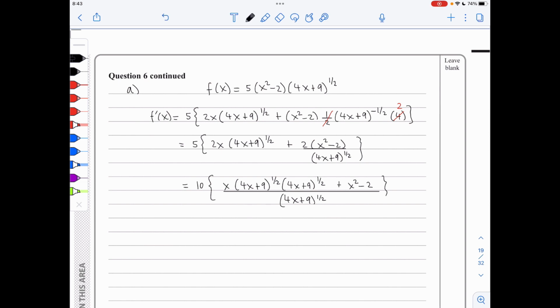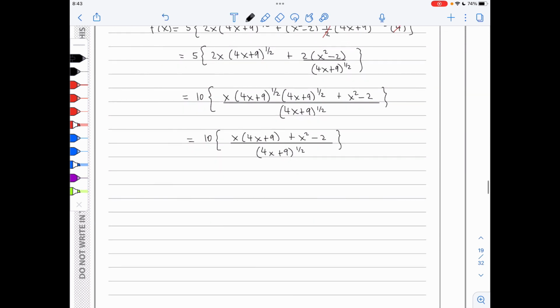So this leads to 10 brackets x times 4x plus 9 plus x squared minus 2 over 4x plus 9 to the half. And I can now expand the numerator.